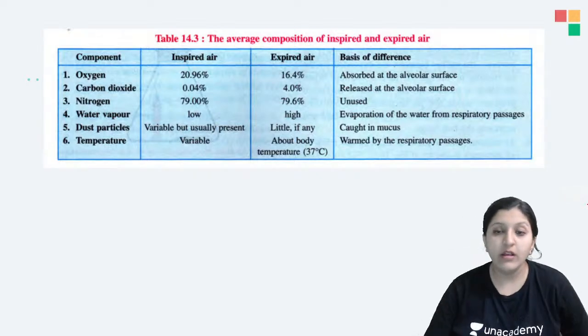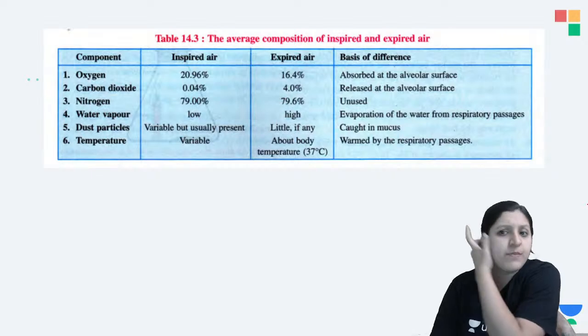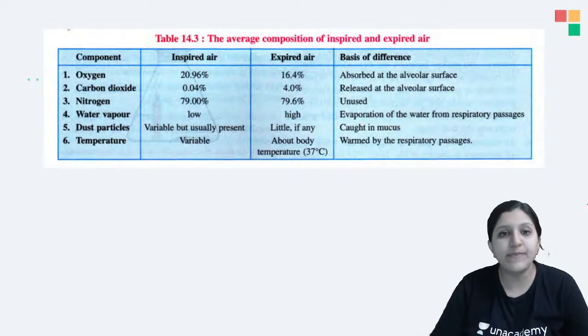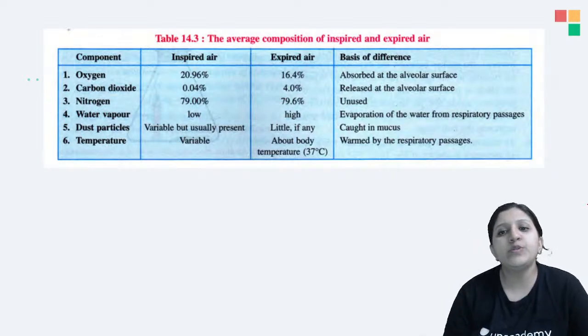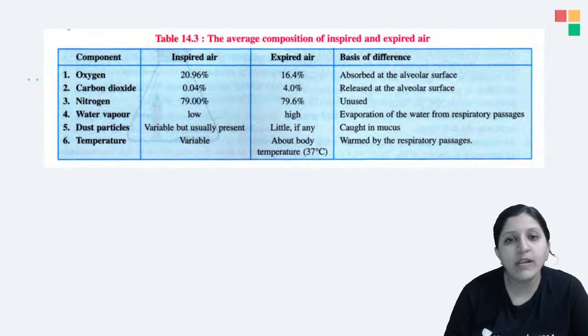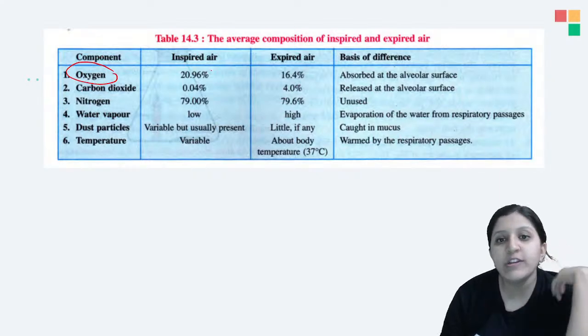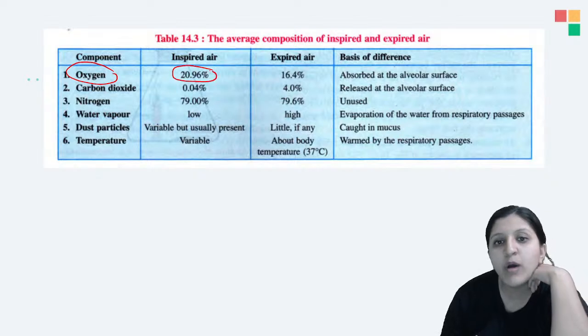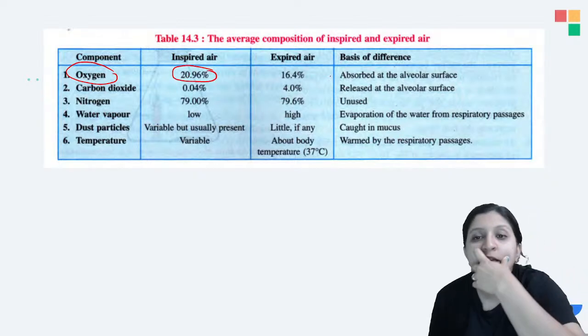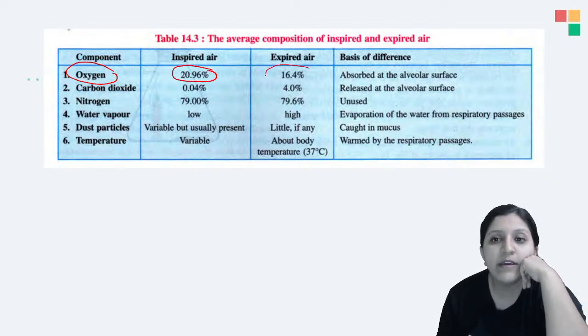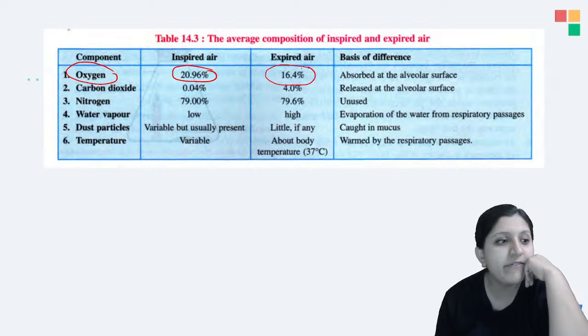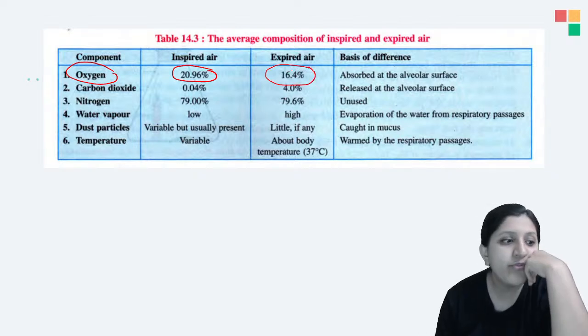So the average composition of inspired and expired air, you need to know, but need not remember it. Just need to know what is exactly high in what. Oxygen concentration in inspired air is about 21%, whereas expired air has about 16.4%.